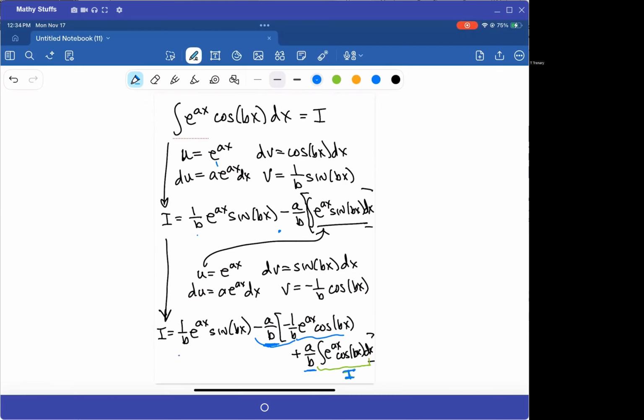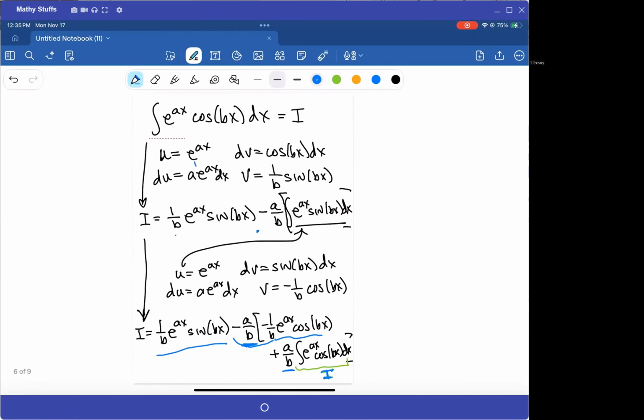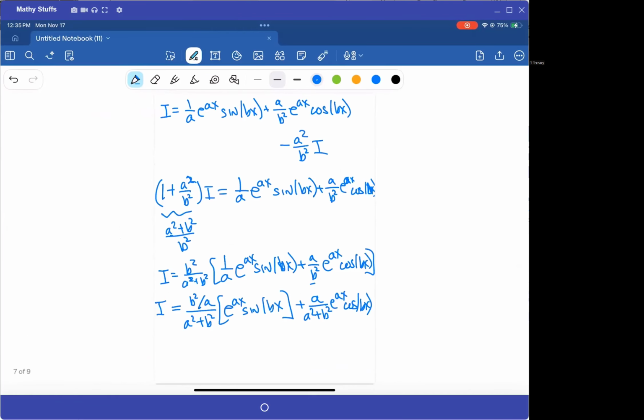And so this we're pretty good on. And then I had the minus a over b, and we got uv minus the integral b du. So that just puts that a over b out in front. So, okay. Then we came over to here. I feel like that top should be like a b over there. And let's just check the work that I've got here.